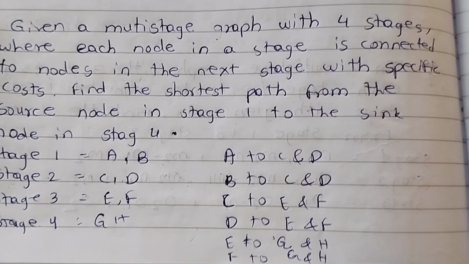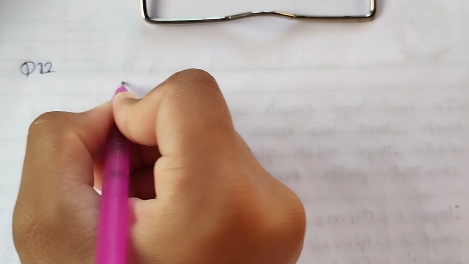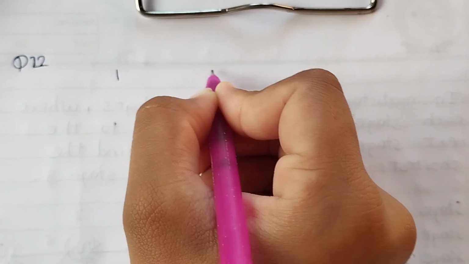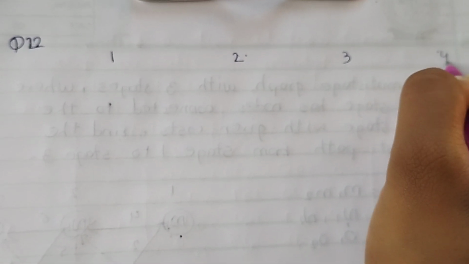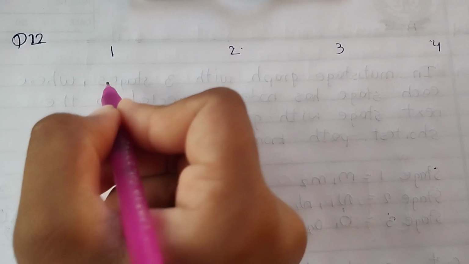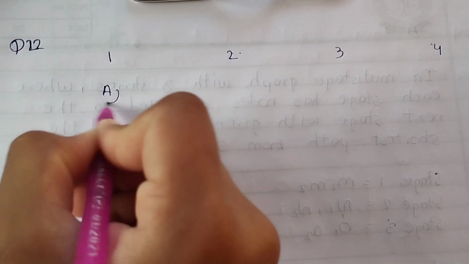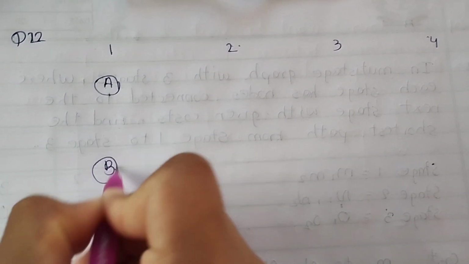We draw it. So first we draw all these stages. So a total of 4 stages are present, 1, 2, 3 and 4. These are the 4 stages. In the first stage A and B are present.